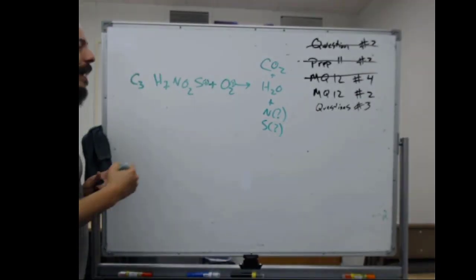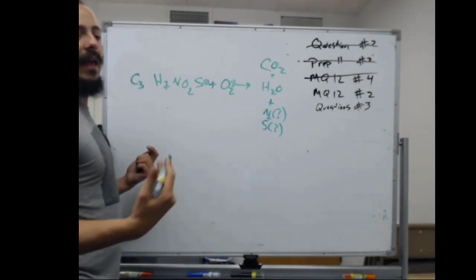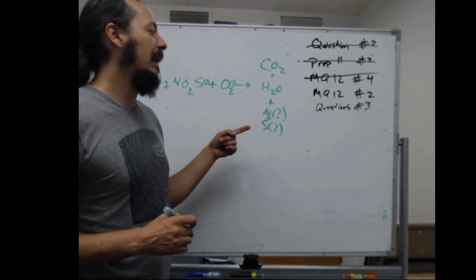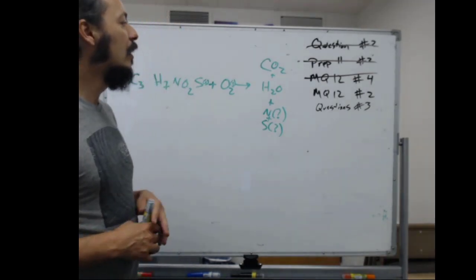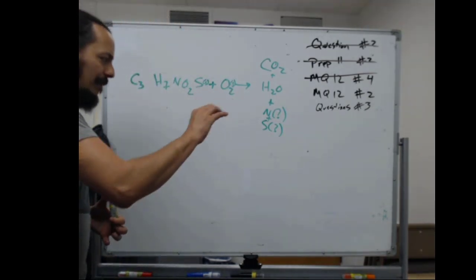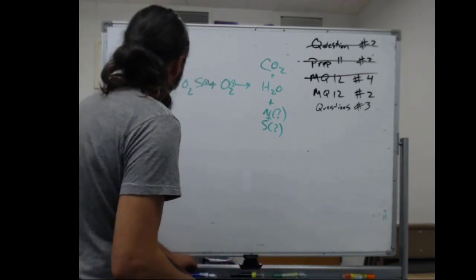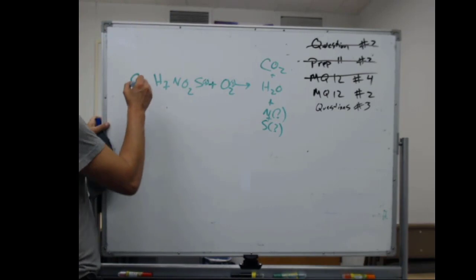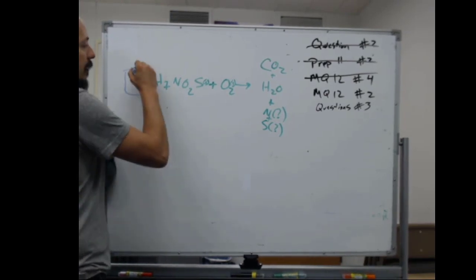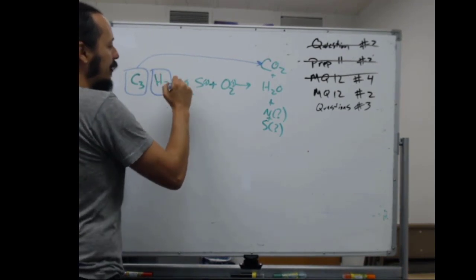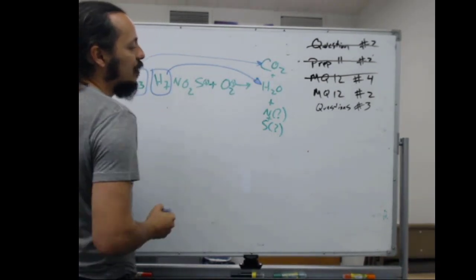Right? And right away, I was like, well, I have to look this up in order to figure it out because I need to know what nitrogen compound is being made, what sulfur compound is being made, so I could actually figure this out. And then I realized, oh yeah, combustion analysis. And we can recognize the fact that all of this carbon is going to be in the CO2. All of this hydrogen is going to be in the H2O.